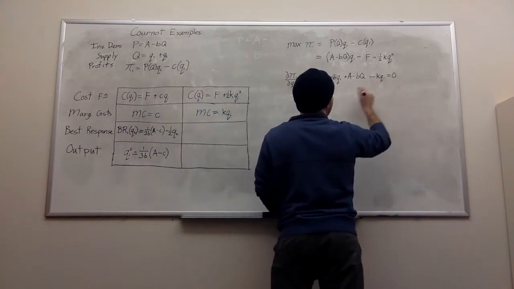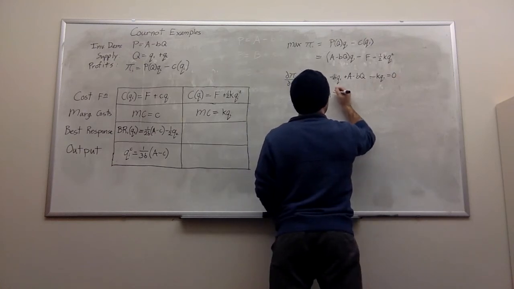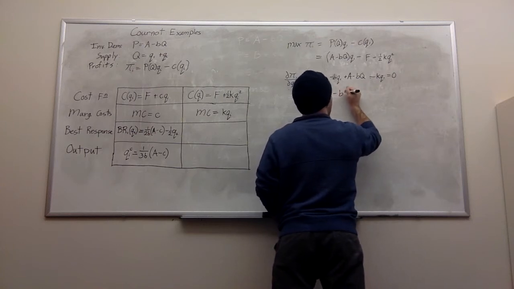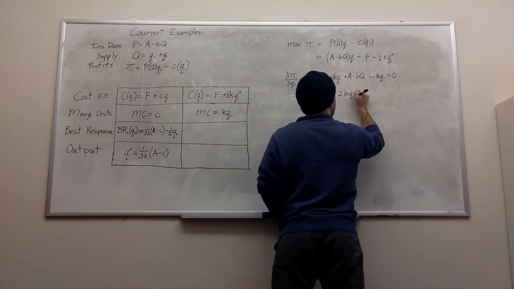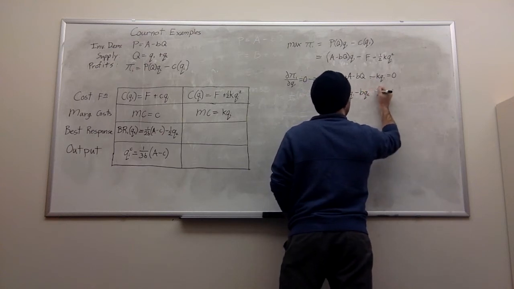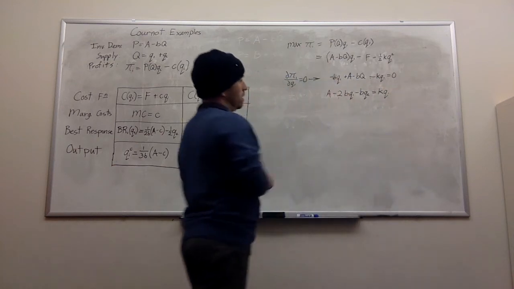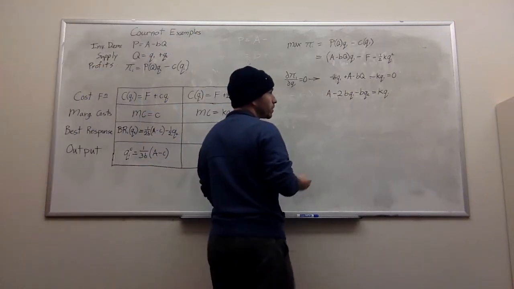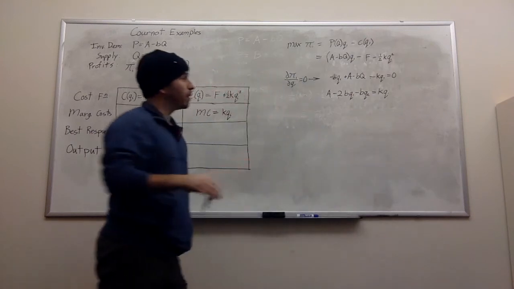Now I can add that over there to have my marginal revenue equal to marginal cost form, right? Where this is marginal revenue for firm 1 equal to marginal cost for firm 1.